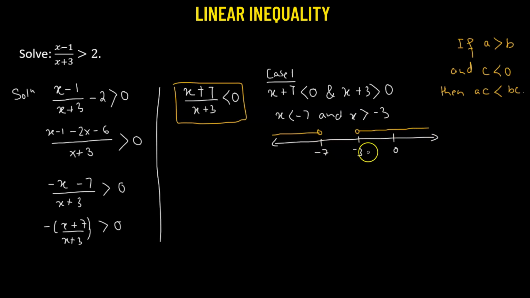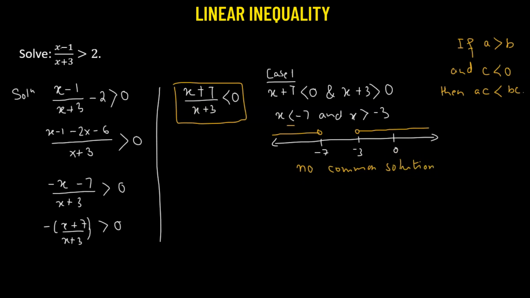Now, looking at this figure, we can say that there will be no common value of x which satisfies both. In other words, there will be no such number on the number line which satisfies x less than negative 7 and x greater than negative 3 at the same time. So that means we have no common solution here. There is no solution, that does not exist for case number 1.